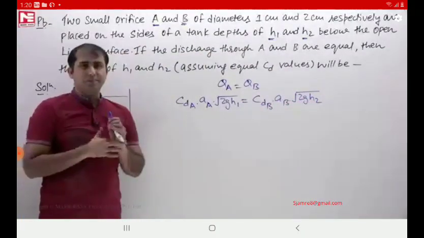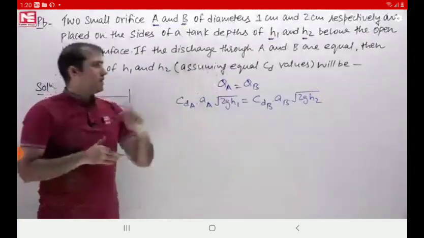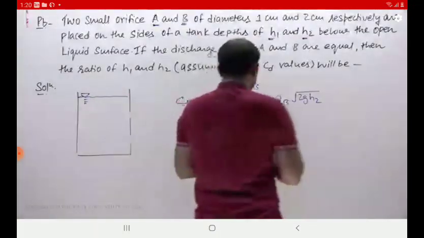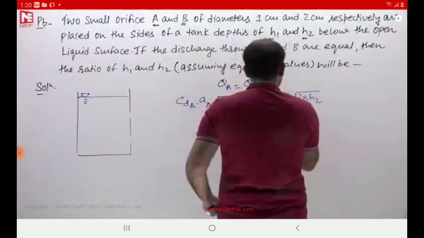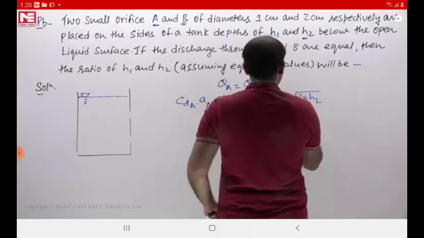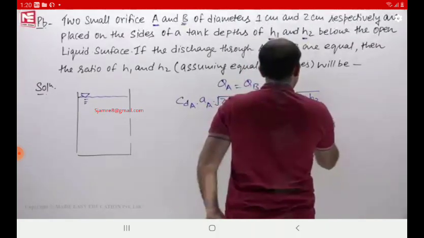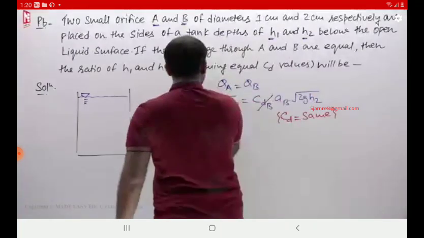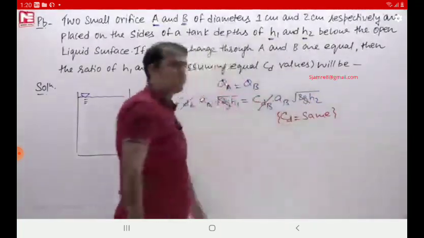And for your confirmation, they have given assuming equal CD values. If the CD values are the same, then this and this are going to be cancelled.